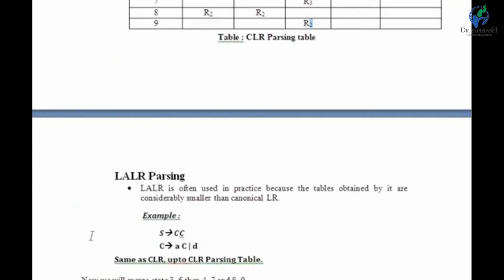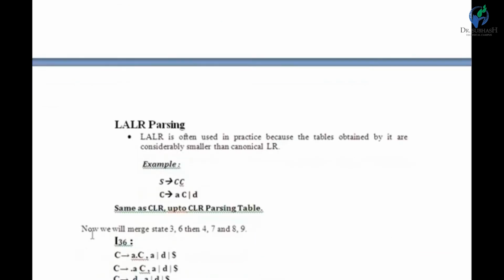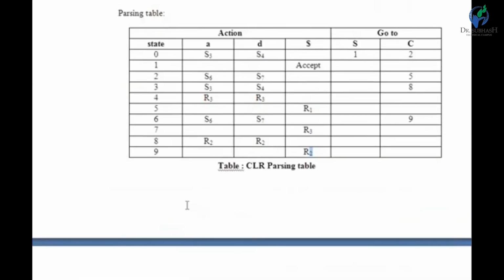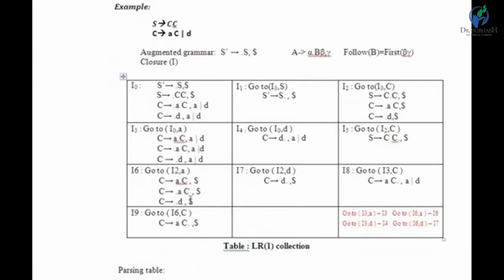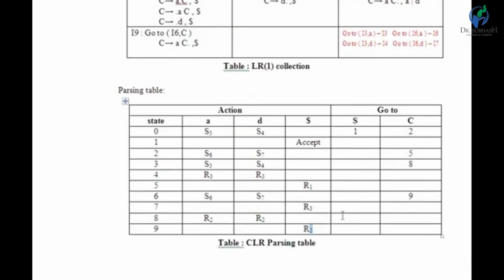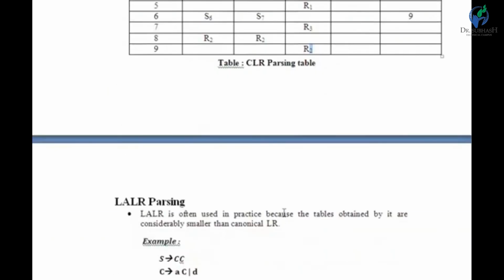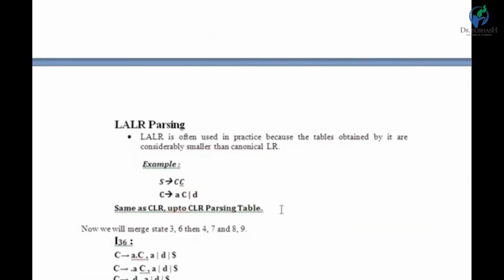So in LALR parsing, we can use the same grammar: S gives CC, C gives AC or D. From the grammar, you have to find the closure, then draw the parsing table. After drawing the parsing table, just combine the common states.